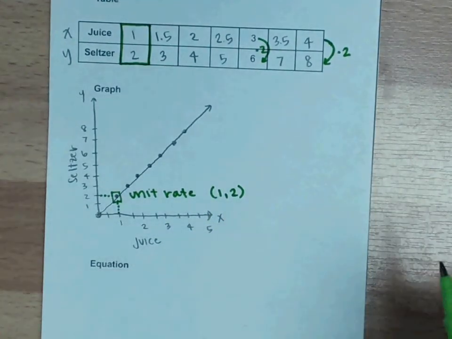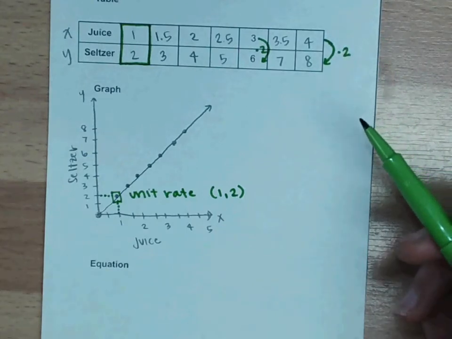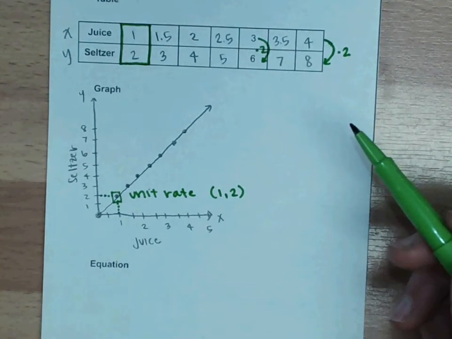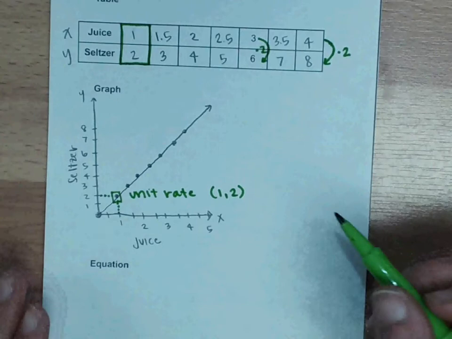Now, the problem says we need to write an equation, and we also need to identify what the constant of proportionality represents in this situation. So, the constant of proportionality is 2.